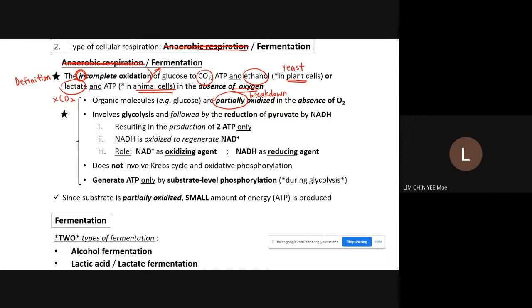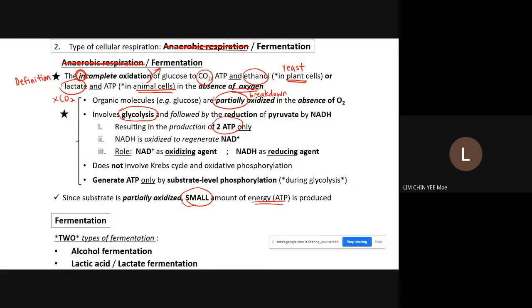Because it's only partially breakdown or partially oxidized, only a small amount of energy is produced. Dia hanya dapat produce ATP semasa glycolysis sahaja. Apparently, if it's during glycolysis, then only 2 net ATP is produced.